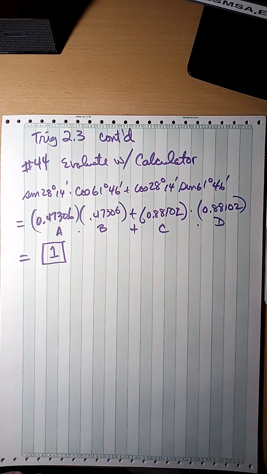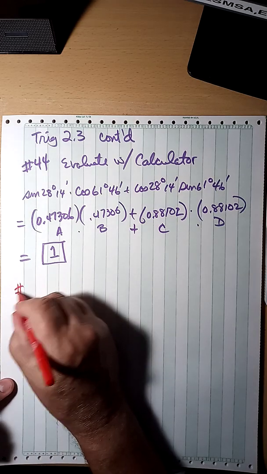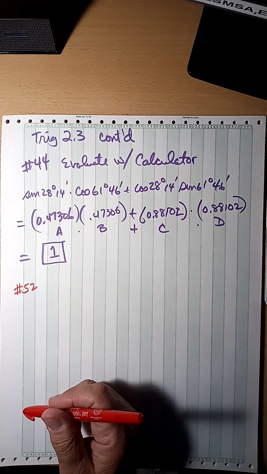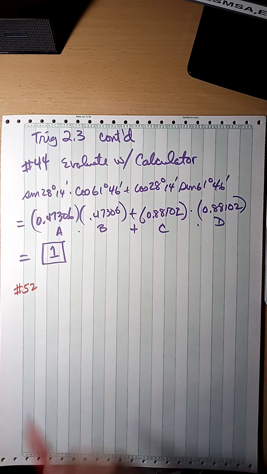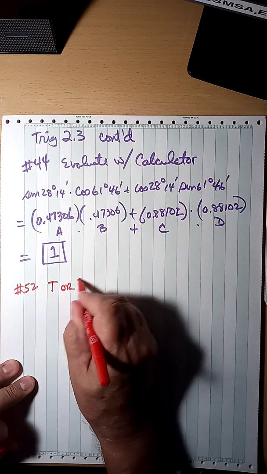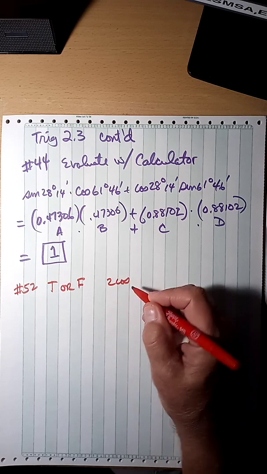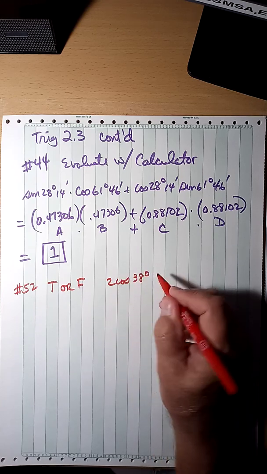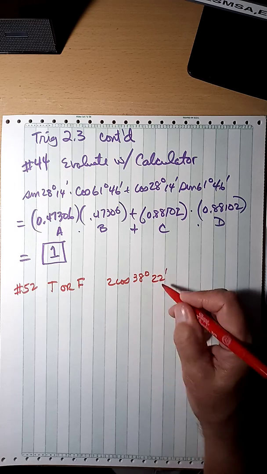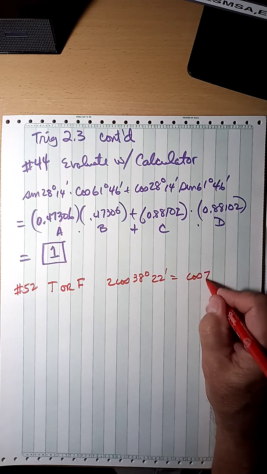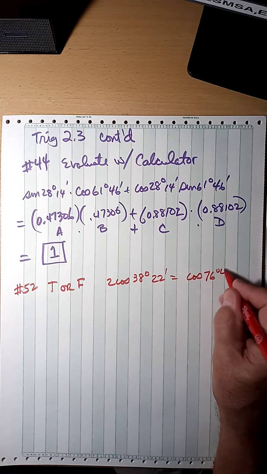Okay, number 52. Decide whether each statement is true or false. We're given 2 cosine 38 degrees 22 minutes equals the cosine of 76 degrees and 44 minutes.